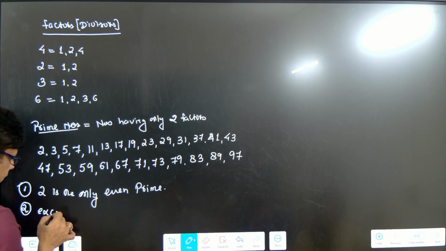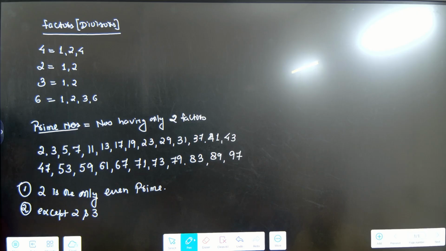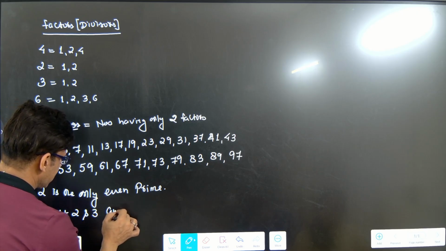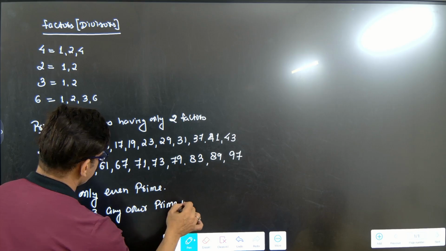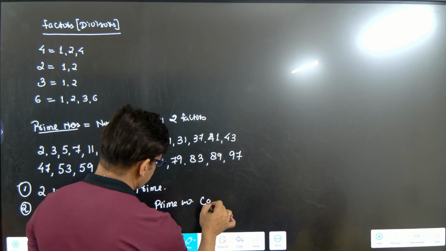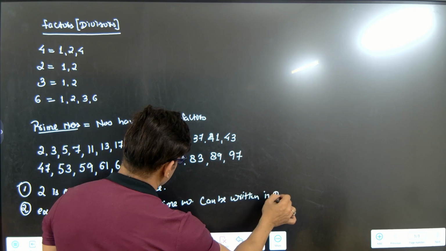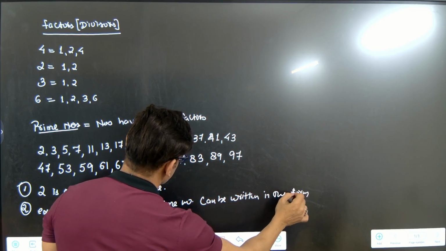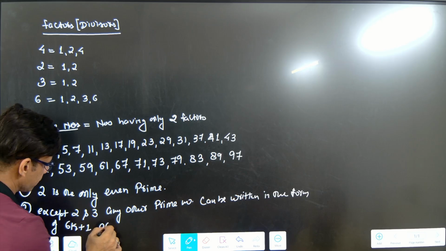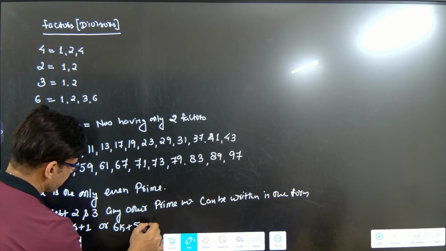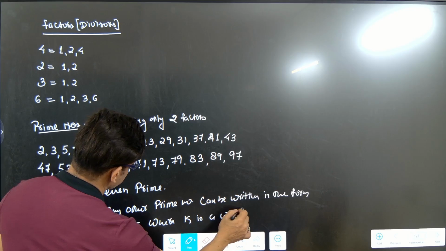Now except 2 and 3, any other prime number can be written in the form of 6k plus 1 or 6k plus 5, where k is a whole number.